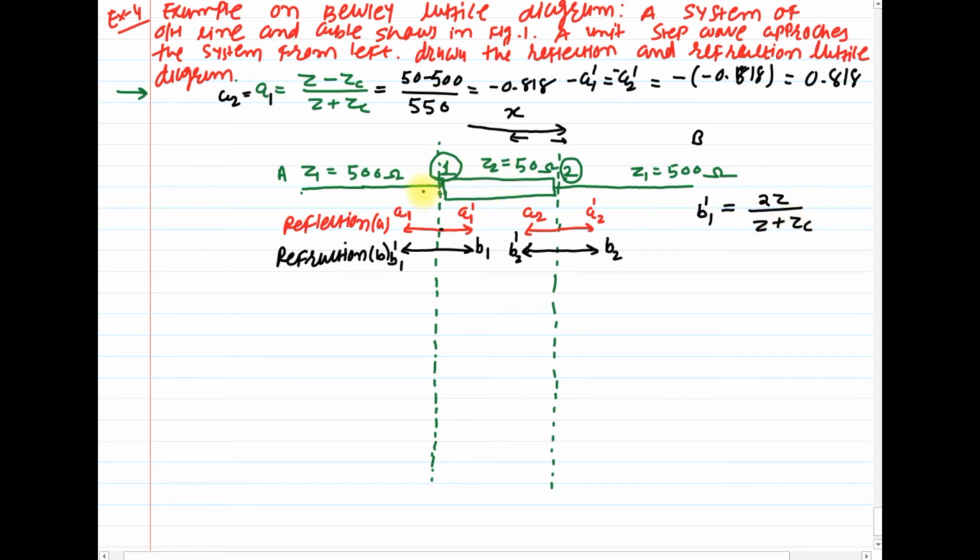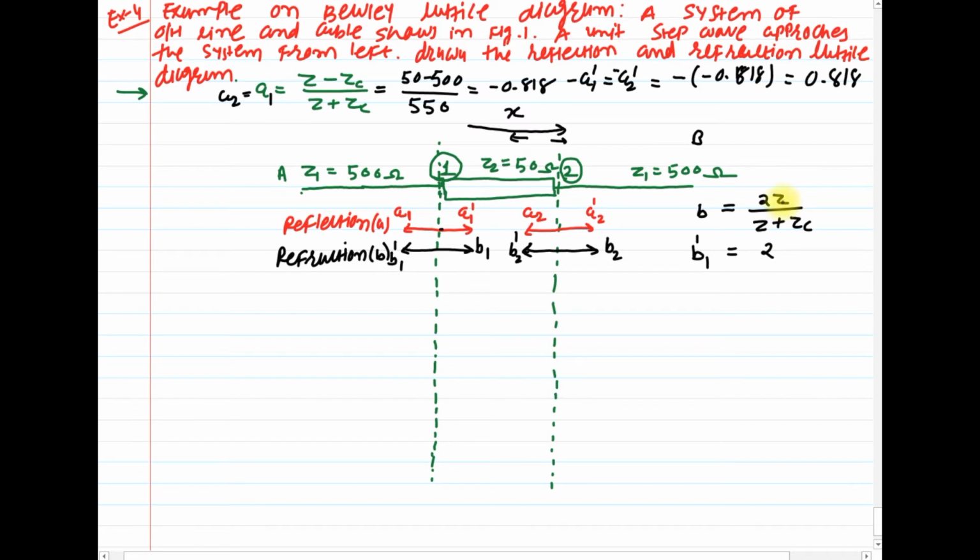Now here which z you will select or consider as zc and z. This is the general equation of the refraction coefficient. I will write for the coefficient of b1 dash, which is equal to 2z.